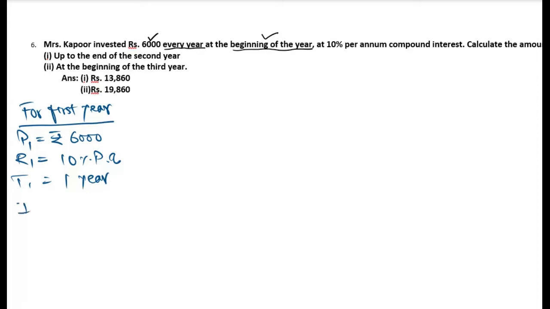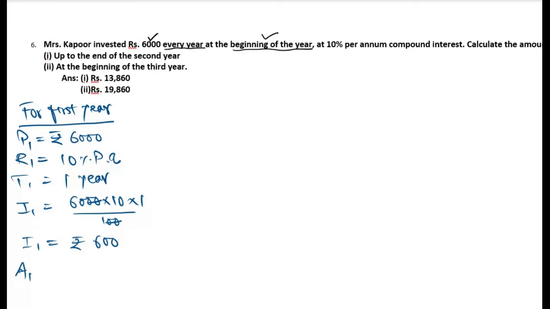Now you can directly find I1, which is P1 into R1 into T1 upon 100. So I1 is equal to rupees 600. Now you got I1.